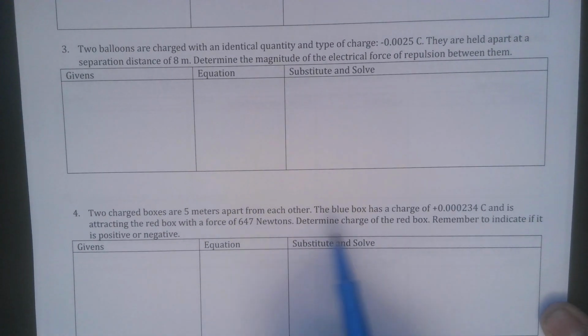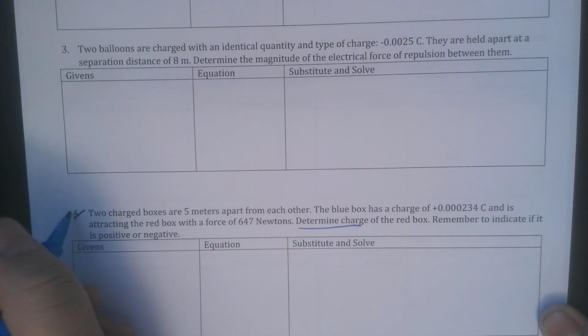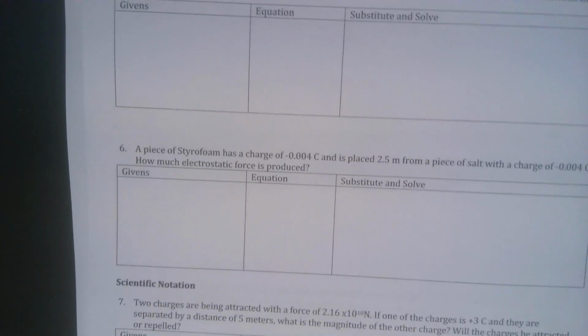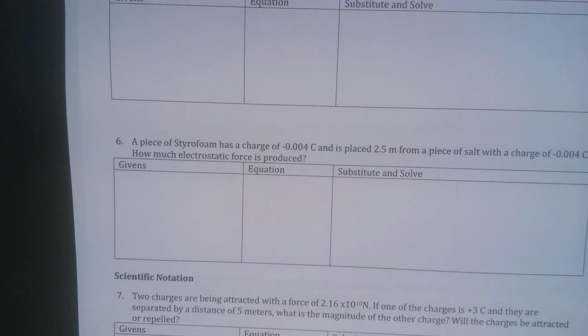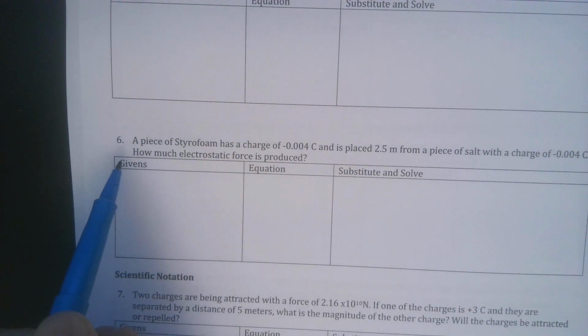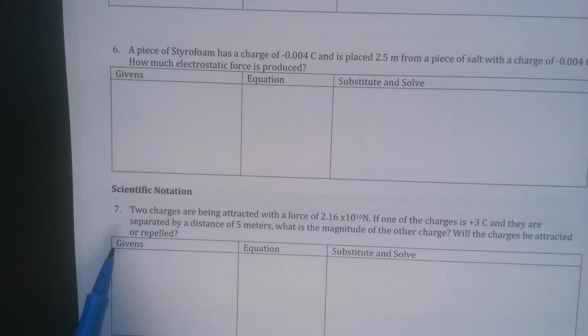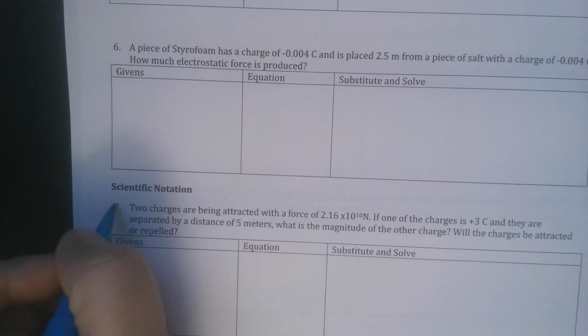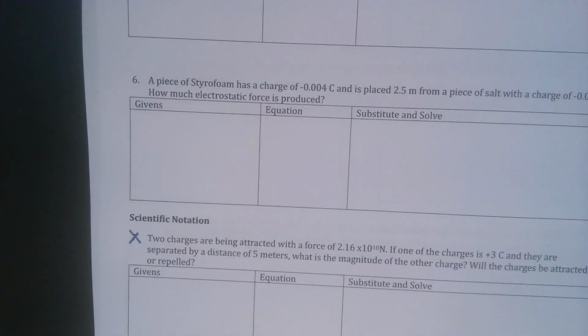Question 4, this one is trying to have us determine the charge. I'm not going to have you do this problem. And then question... what is the force? What is the electrostatic force? So I'm not going to have you do 7.